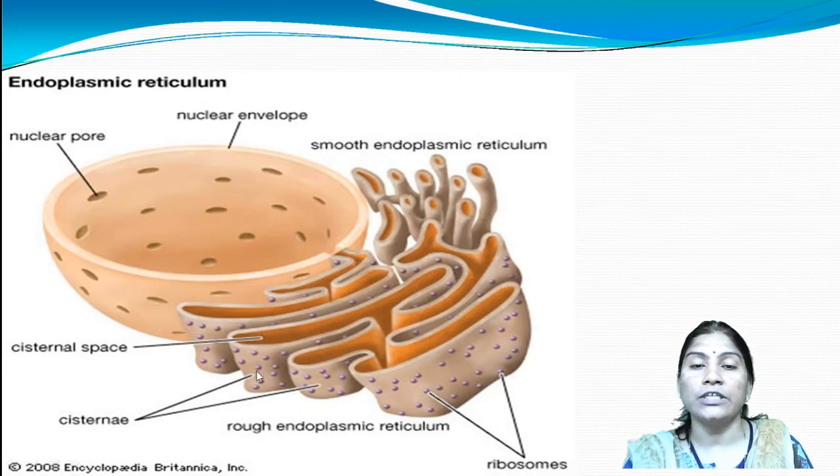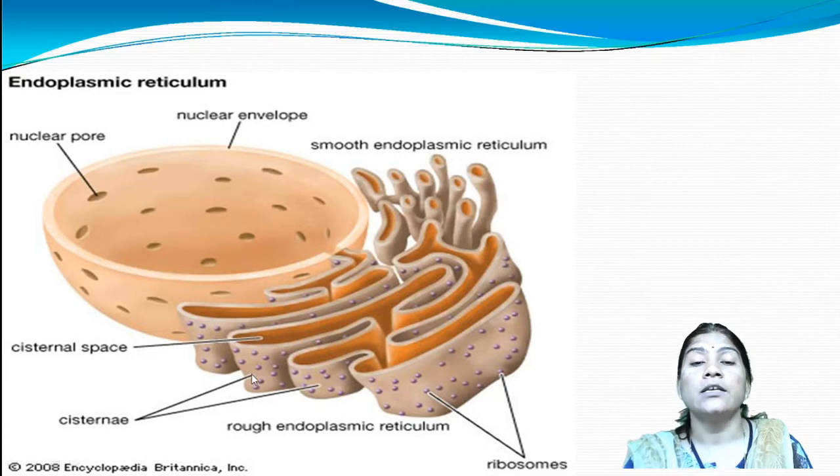Then this network has some ribosomes, or some tiny particles that we call ribosomes. And here these are the flat sac-like structures which are unbranched, that we call cisternae. These cisternae lie parallel to each other.